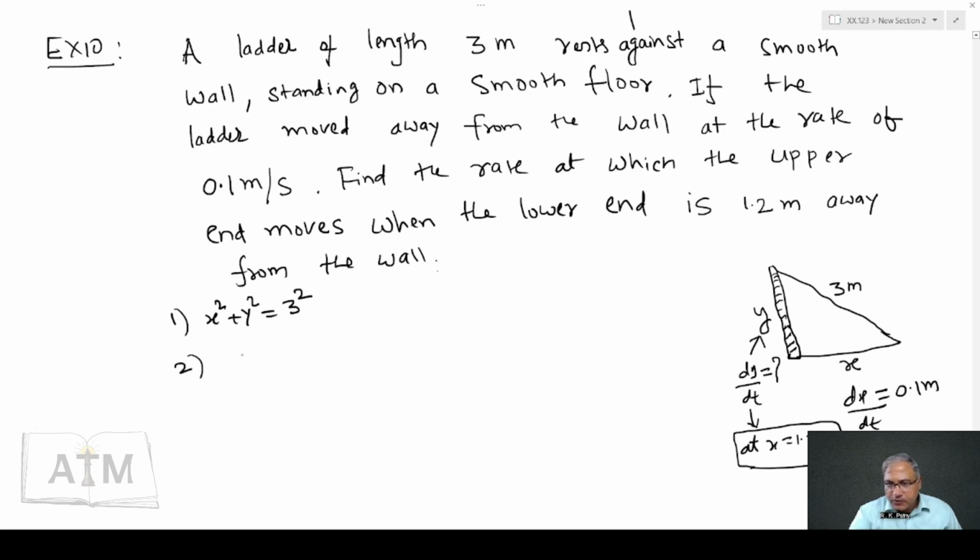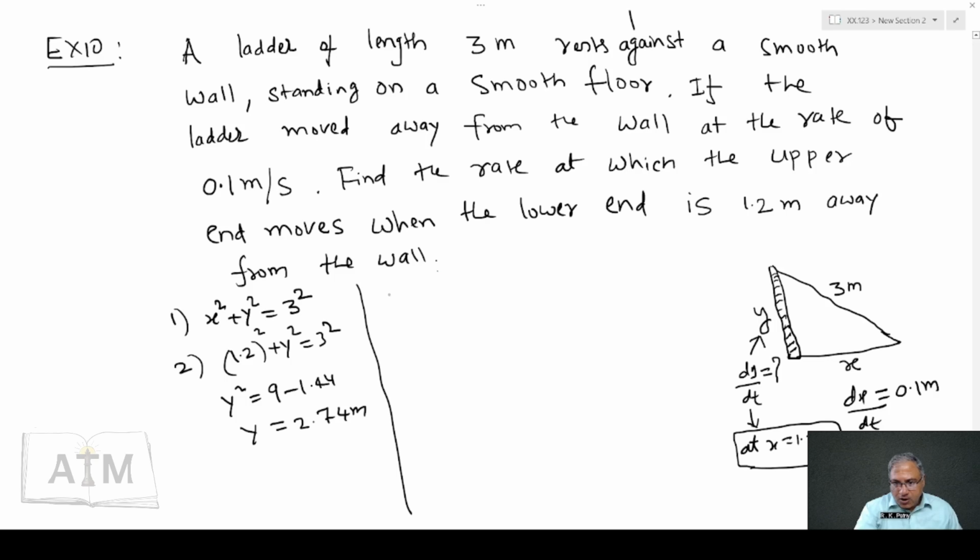So we have x value 1.2 meter, squared, plus y squared equals 3 squared. So y squared equals 9 minus 1.44, so we get y equals 2.74 meter.